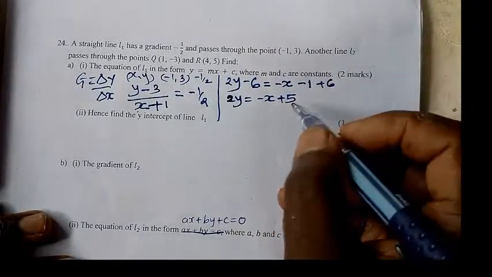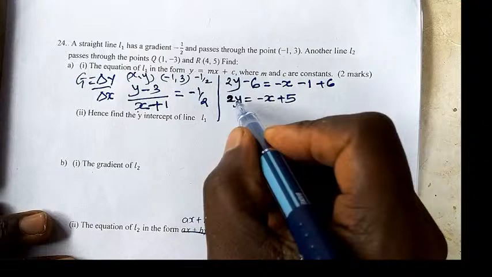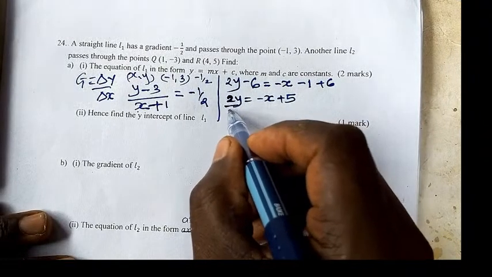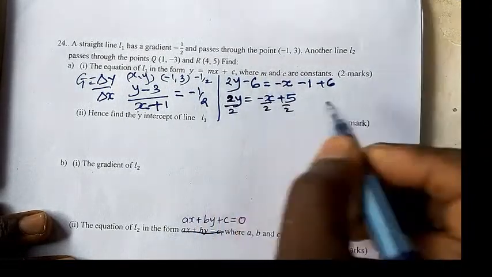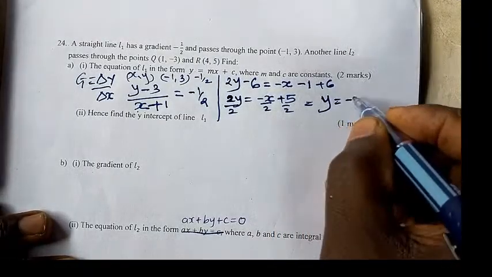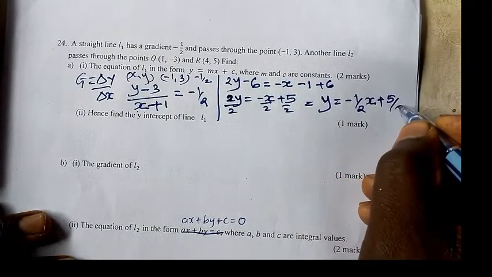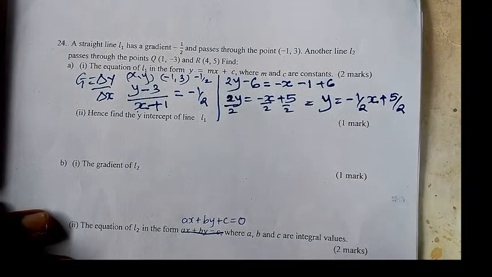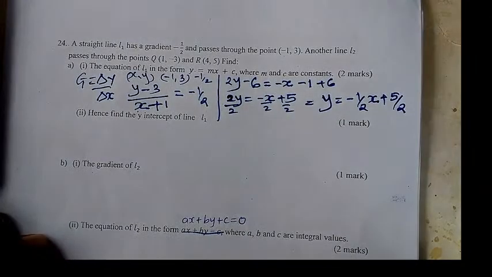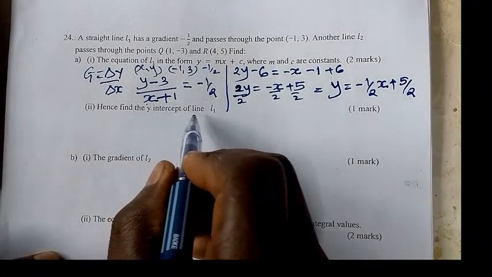Then we were told y is equal to mx plus c. So we want y to remain on the left side. So you divide by 2 every term. So our final equation will be y is equal to -1/2x plus 5/2. That is the final equation of line 1. Hence, find the y-intercept of this.